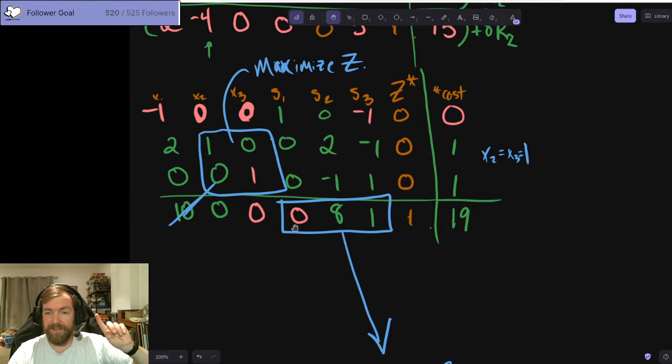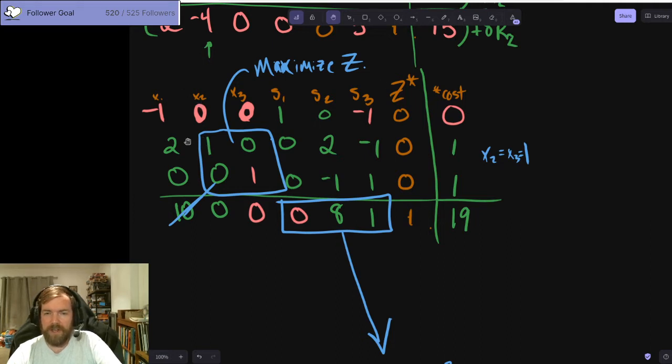And it's listed in here. Right, s1, since x1 and s3 are 0, then s1 is also 0. So, good enough for us, right? Doesn't matter.